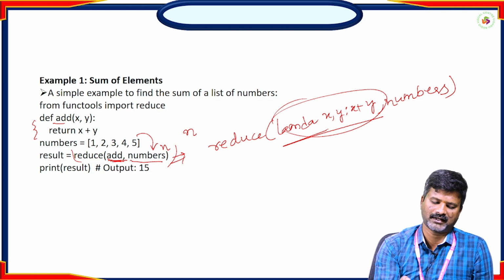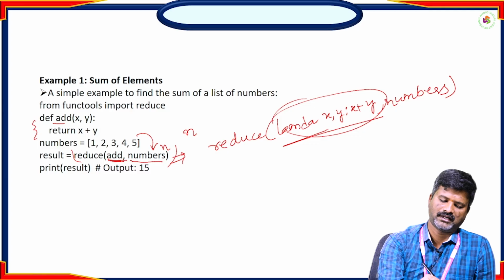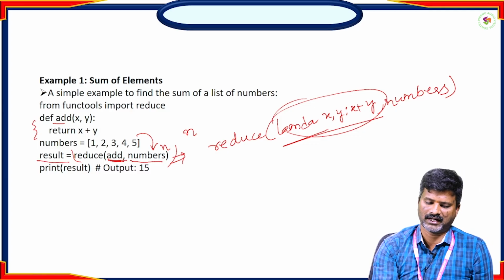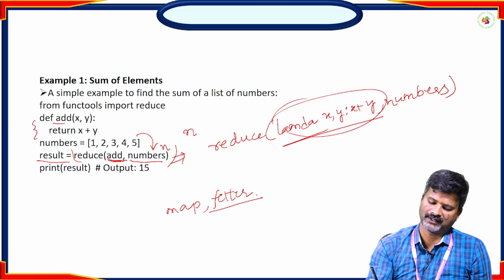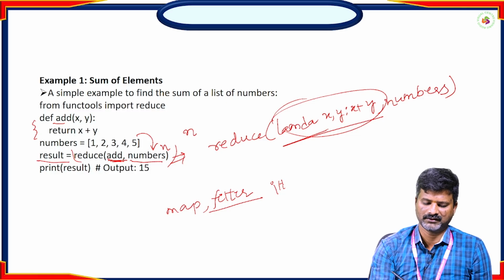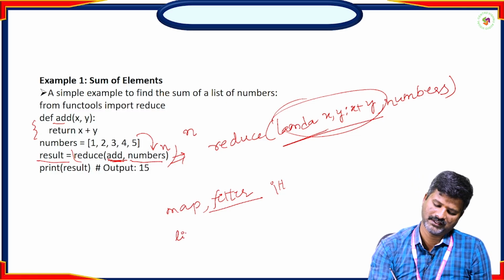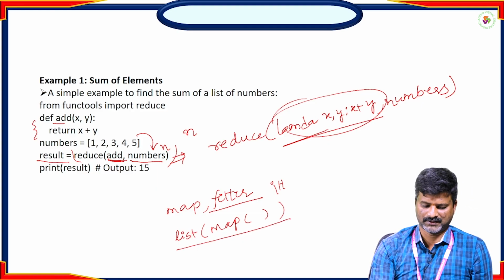Directly it will return the value. After reduction of that particular logic, you will get one value. Whereas a map function or a filter function returns an iterable object. So for that you need to use list of that particular map, like this.